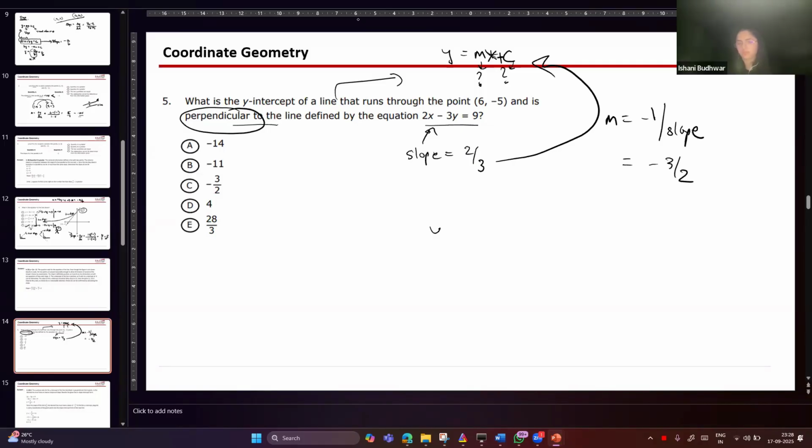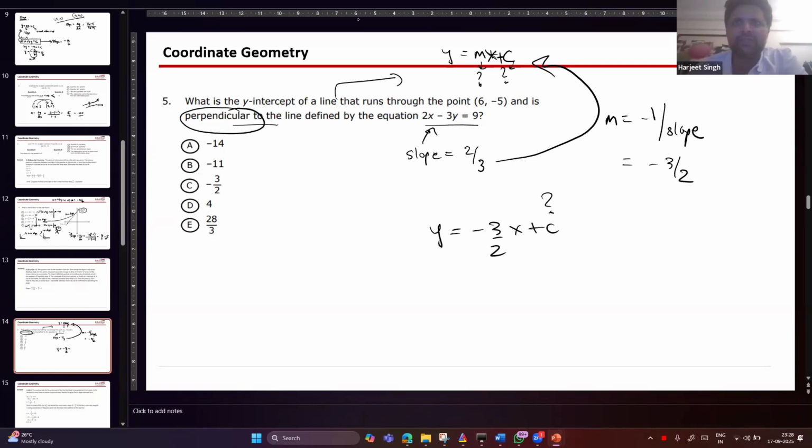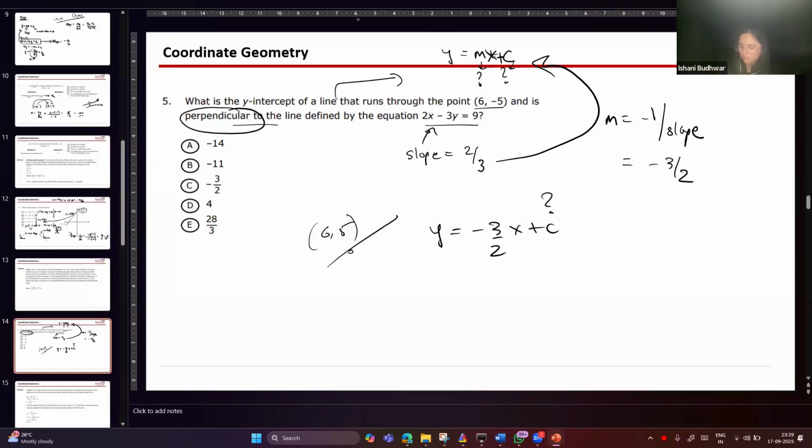So y equal to minus 3 by 2 x plus c. We do not know what c is, but we know that this line passes through 6 comma minus 5, which means we can substitute x equal to 6 and y equal to minus 5 and find what c is.